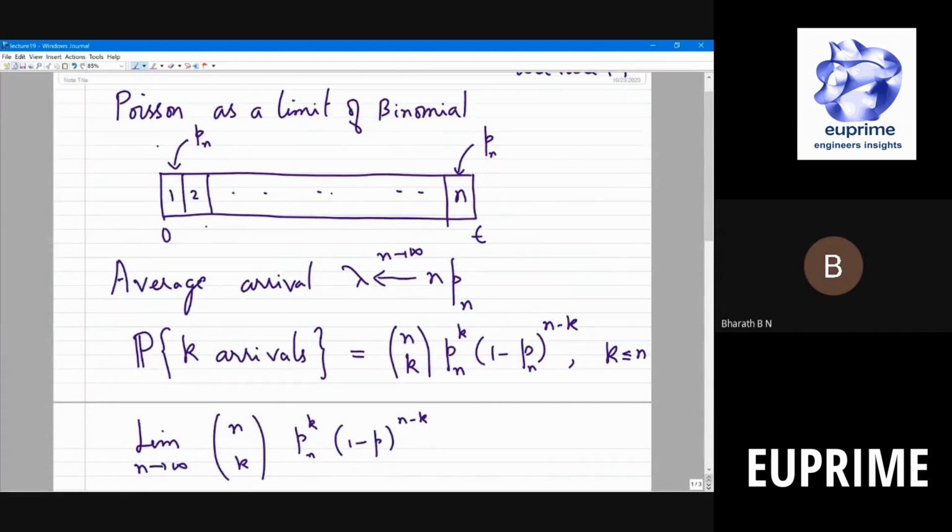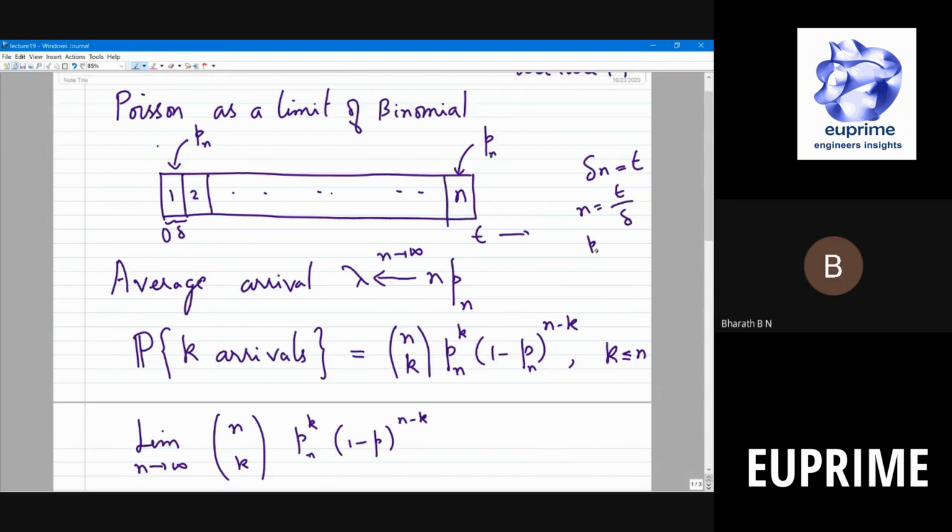So what is it that I'm doing? I'm splitting t into pieces, and let's assume that each size is delta. So I'm going to divide t into n pieces, delta times n is t, or n is t by delta. So what will be Pn times n?